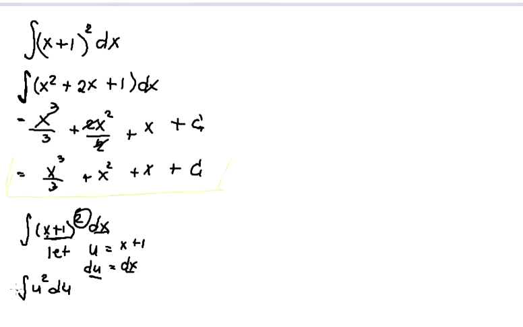Then we can now proceed to the power formula. So we have u³ all over 3 plus c. Then we need to bring back the value of u, so we have (x + 1)³ all over 3 plus c.